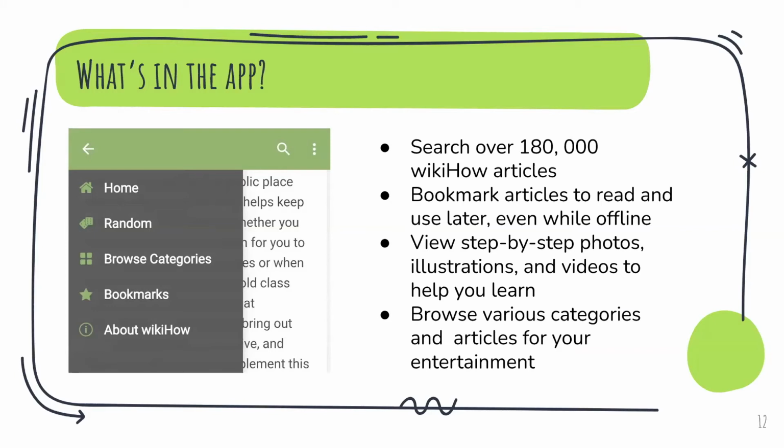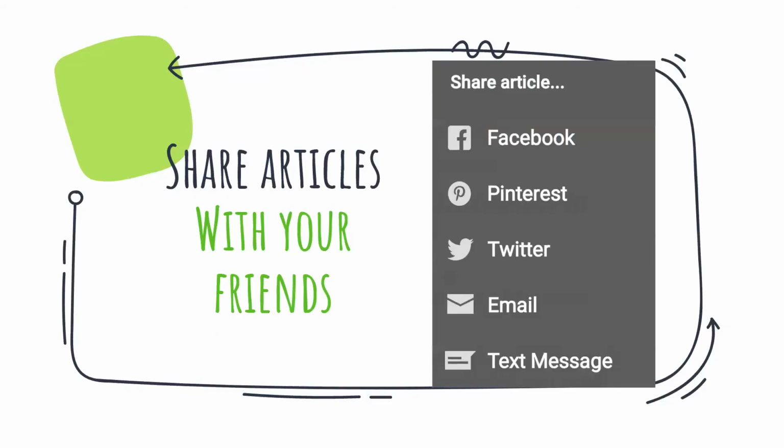You can view step-by-step photos, illustrations, and videos to help you learn. And you could browse various categories and articles for your entertainment. Share articles with your friends on Facebook, Pinterest, Twitter, email, and text messages.